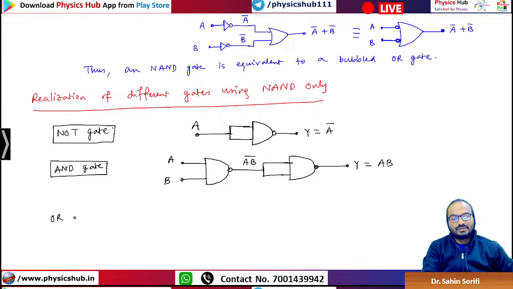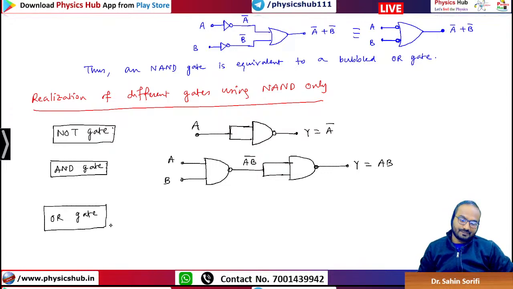Let's say you want to design an OR gate using NAND gate. Can you do it? Give it a try.